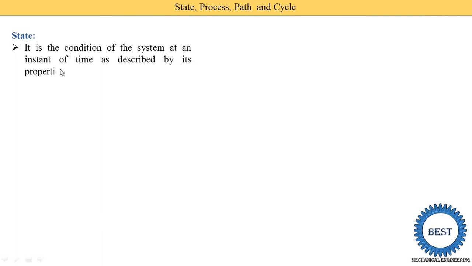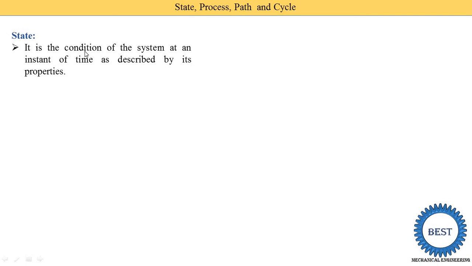State is the condition of the system at an instant of time. It gives us some condition of the system at a particular time, as described by its properties.